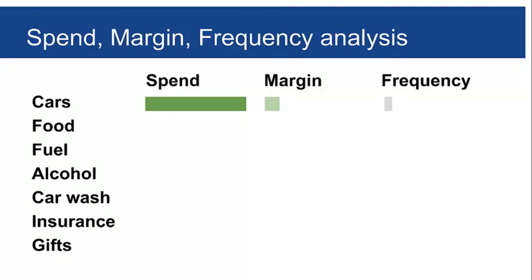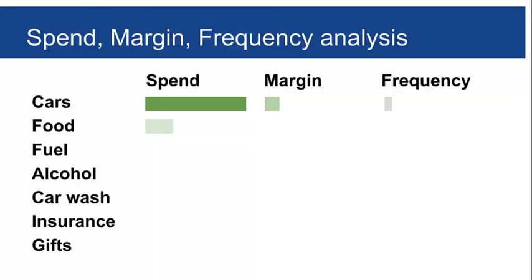It may be a good way to spread the brand, but it's unlikely to be a good way to grow the business very quickly. Okay, so cars, by this reckoning, when you're looking for a good balance of spend and margin and frequency, aren't a great one.